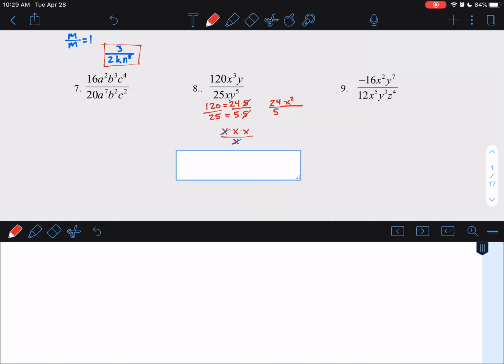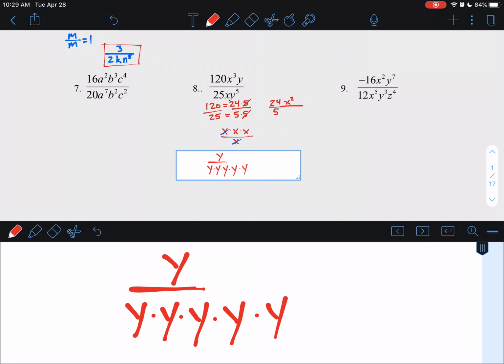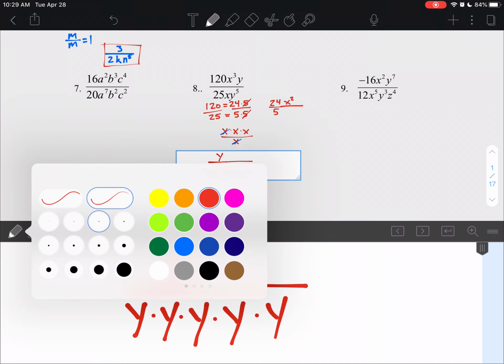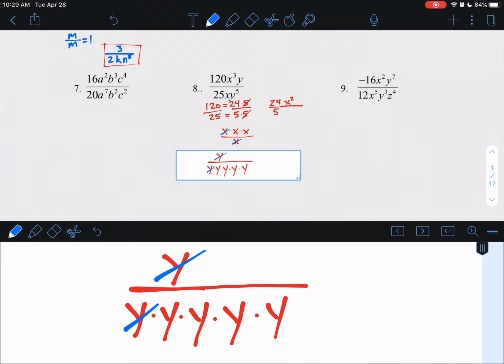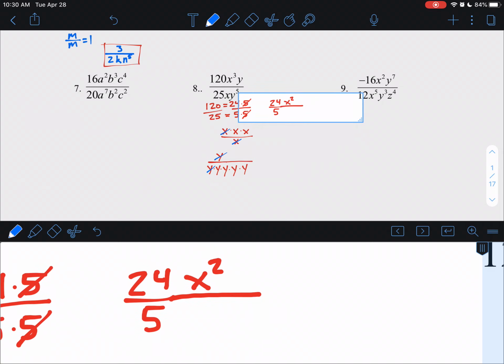I have y to the first over y to the fifth. So I'm going to have y over y times y times y times y times y. And y'all don't have to write this out like this every time. I just do it so I can visualize it, so I can see, okay, I got 1 y in the numerator, 5 y's in the denominator. I need to cancel some things out. And to do so, the best I can do is cancel out 1 y from both, and I'm left with 4 y's in the denominator.